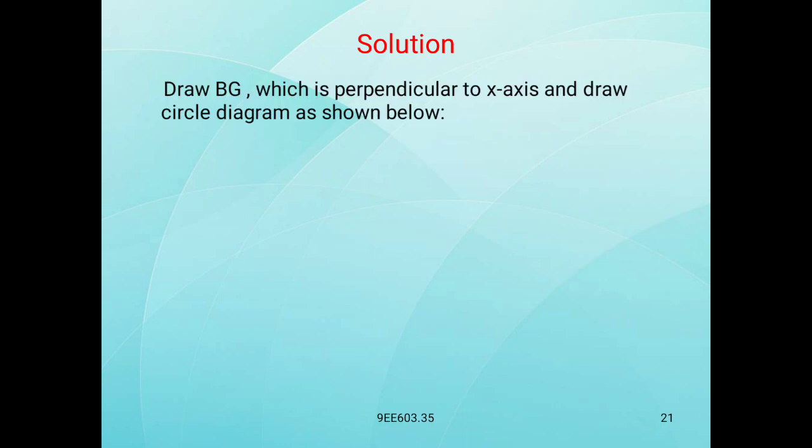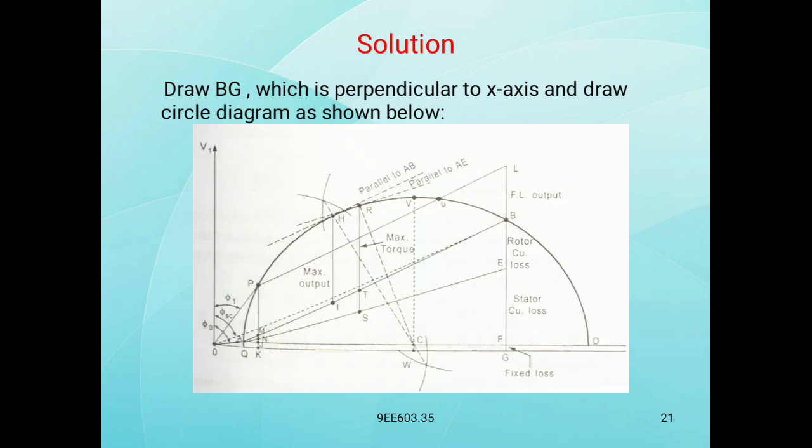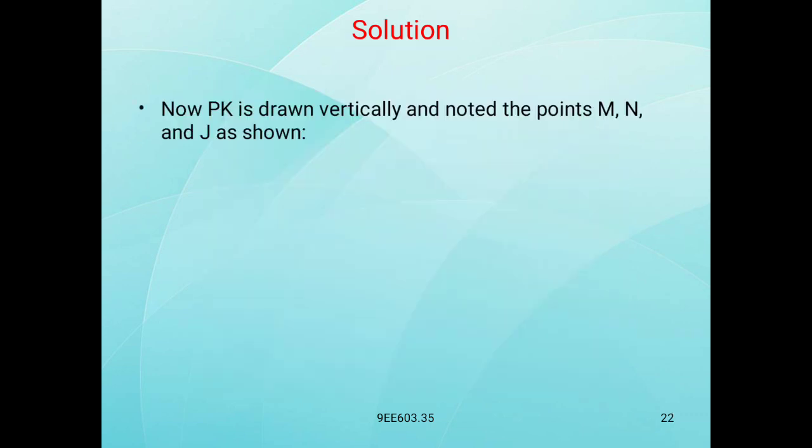Draw BG which is perpendicular to the x-axis and draw the circle diagram as shown below. Now PK is drawn vertically and the points M, N and J, N are noted as shown.